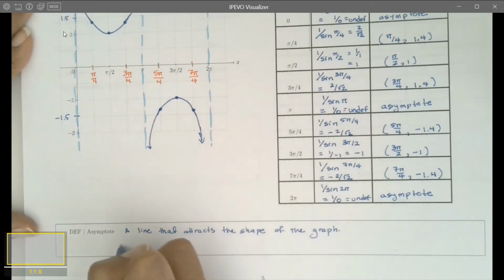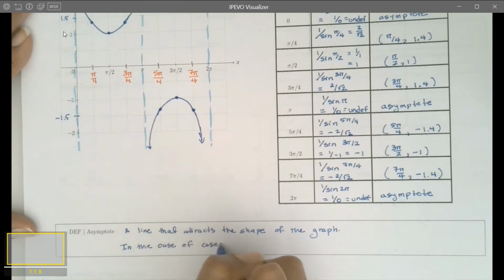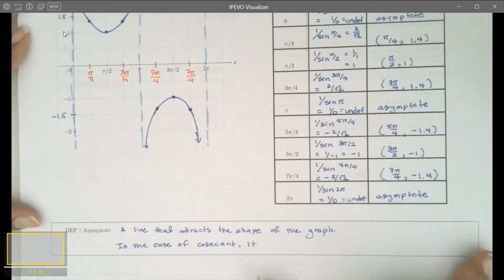In the case of cosecant, it corresponds to places where the function is undefined.